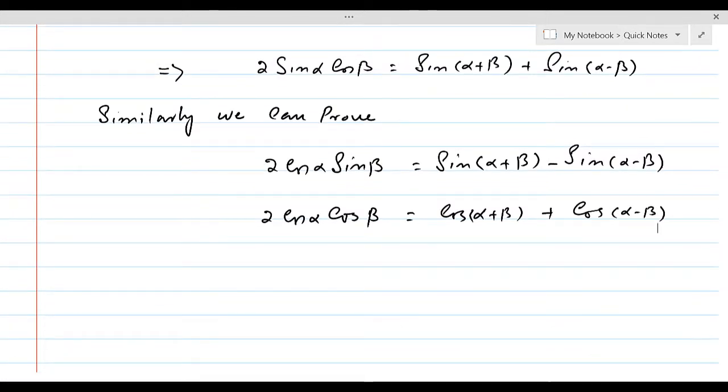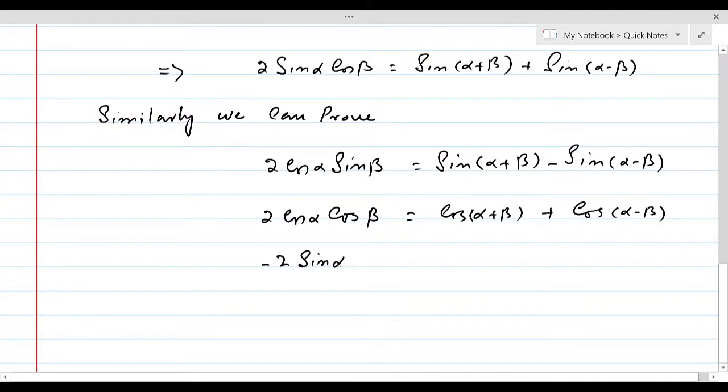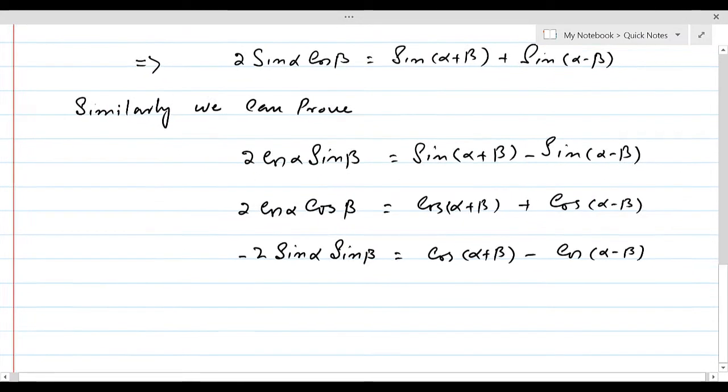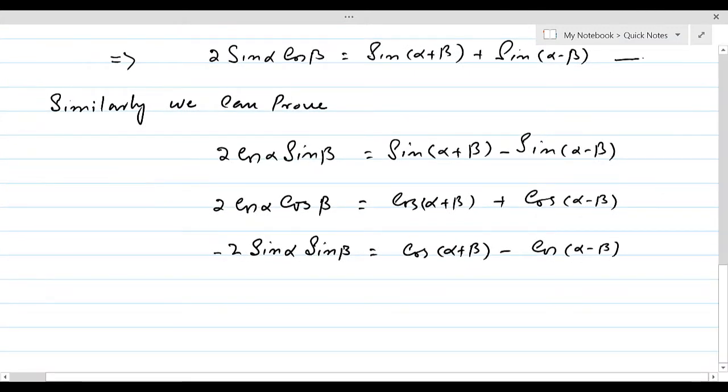And the last one in this regard is minus 2 sine alpha sine beta equal to cos of alpha plus beta minus cos of alpha minus beta. So these identities, let's name them A, B, C, and D.